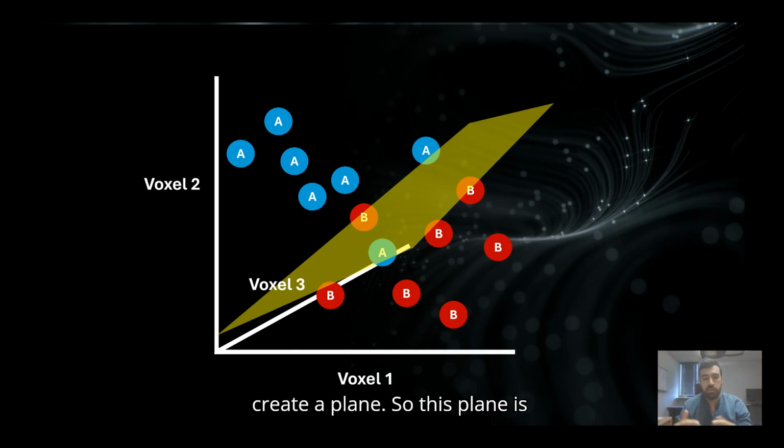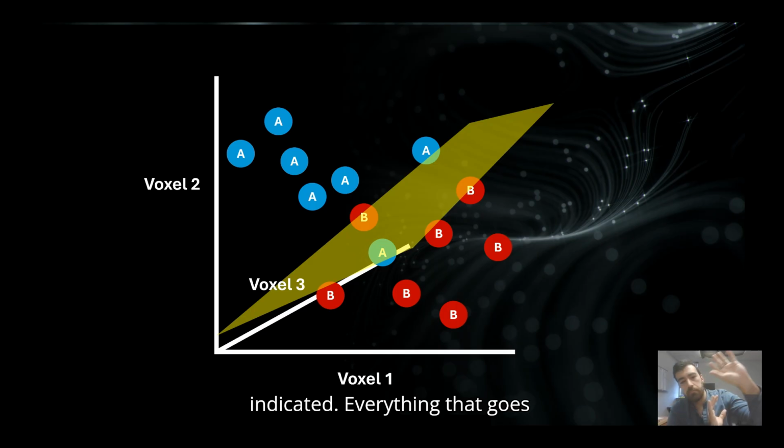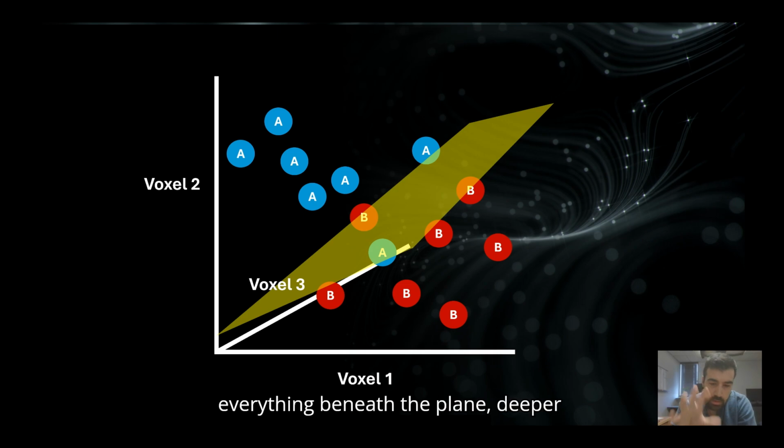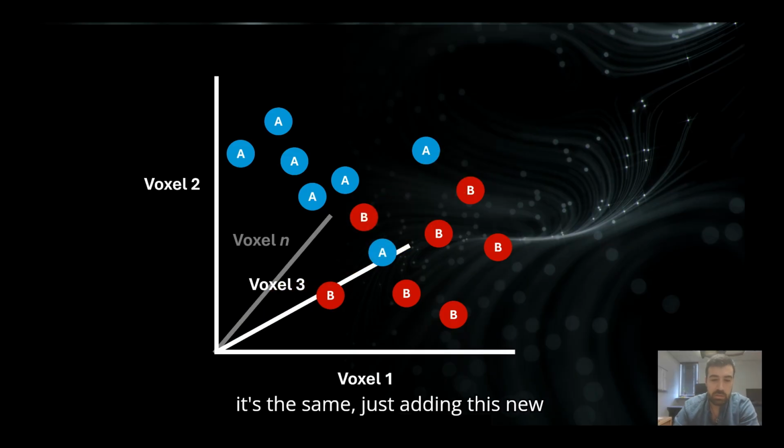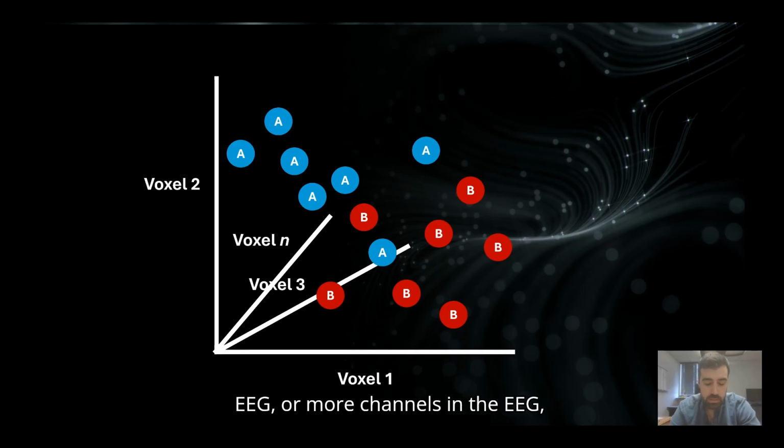Everything above the plane is called A. Everything beneath the plane is going to be B. But actually, it's the same, just adding this new information. If we have more voxels, or more channels in the EEG or MEG, or more time points in the time domain, as we will see, it's like you are increasing the information you have.